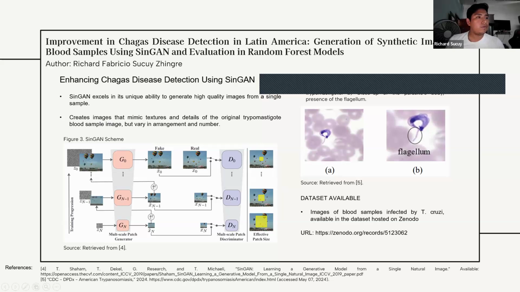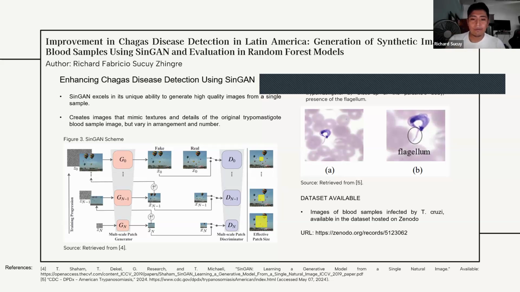Illustration 3 is about the SinGAN scheme. This architecture employs a series of multi-scale generators and discriminators to learn from single images, starting from the coarsest level to the most detailed.